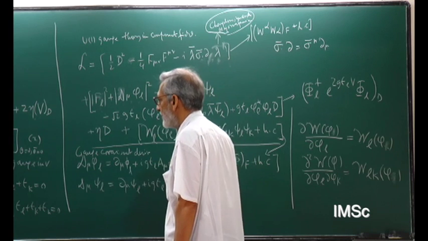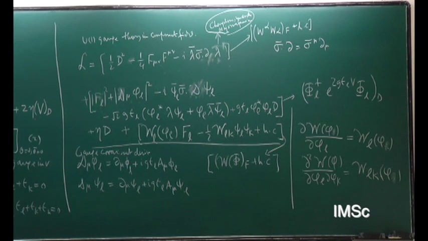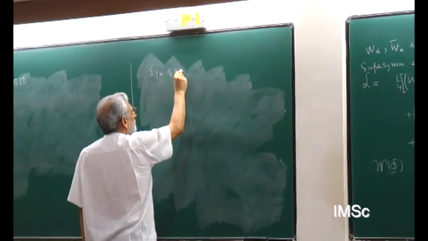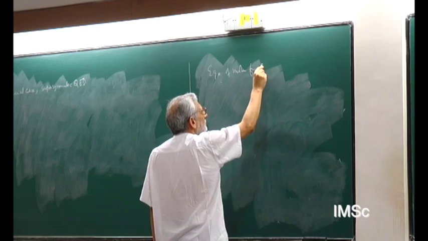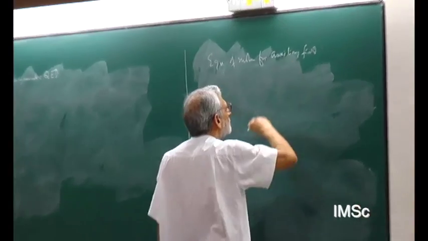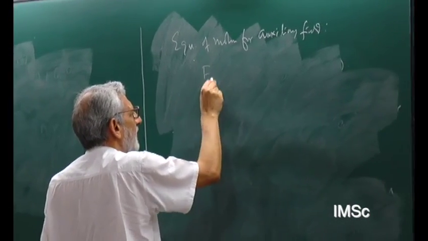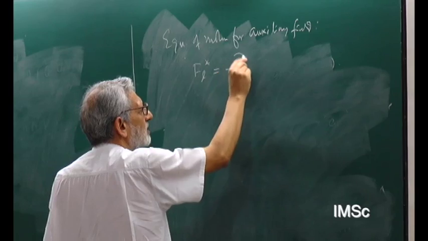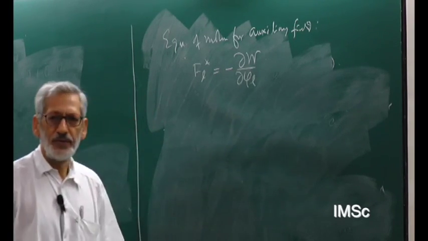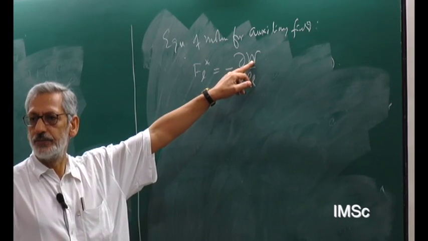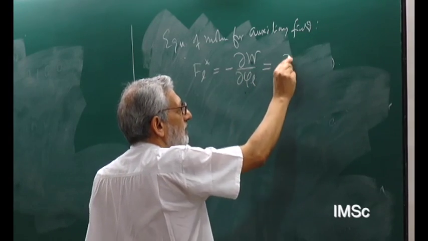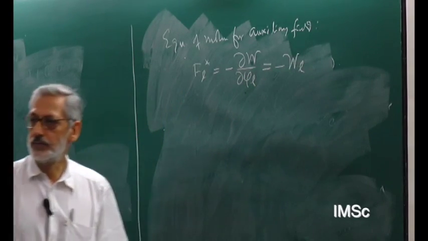If one wrote down the equations of motion for auxiliary fields, F_L star is minus the first derivative of the superpotential, which we also call in shorthand W_L.